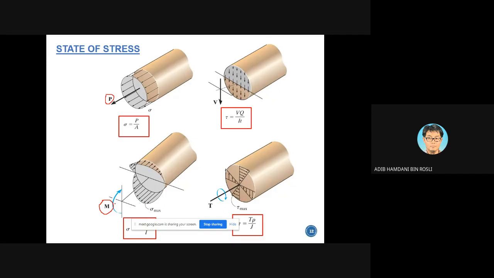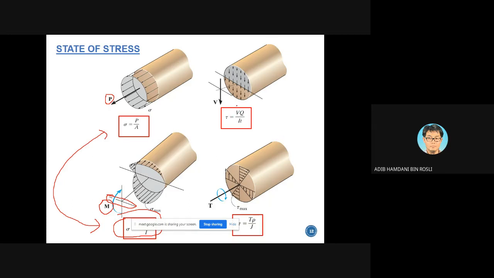Can you see that this is the neutral axis, and at the bottom you will have tension, at the top you will have compression? Given by this equation, the flexure formula. And if you have both P and M, you need to superimpose them.